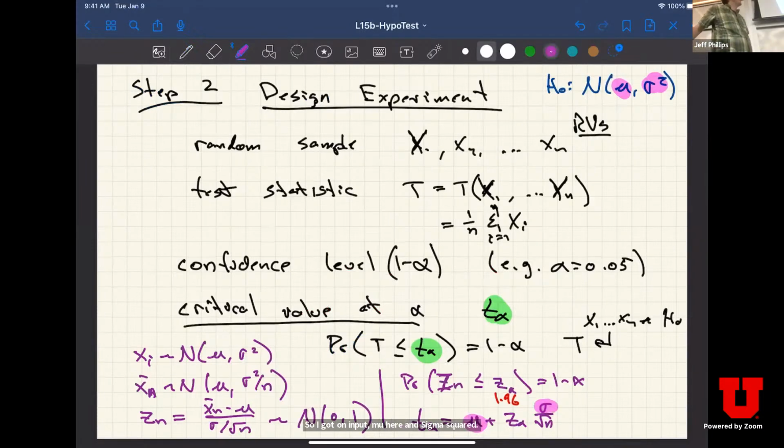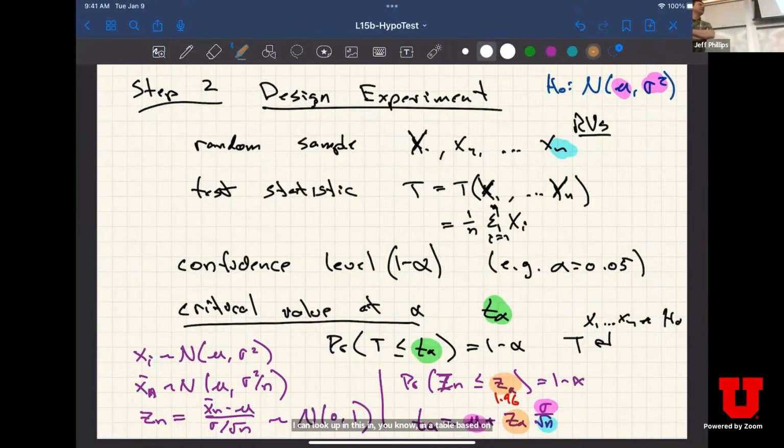And then I can decide the number of samples I'm going to collect. This n is this value n here. And finally the z alpha, I can look up in a table based on this standard normal distribution.